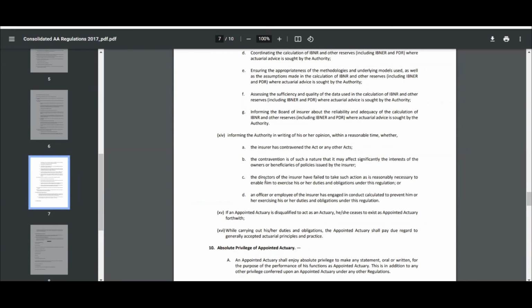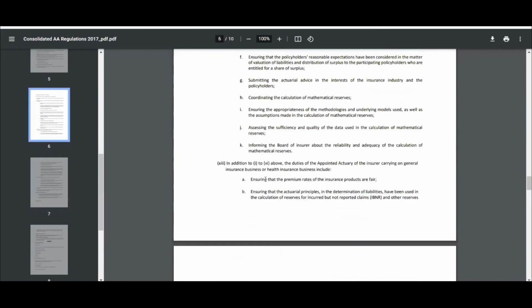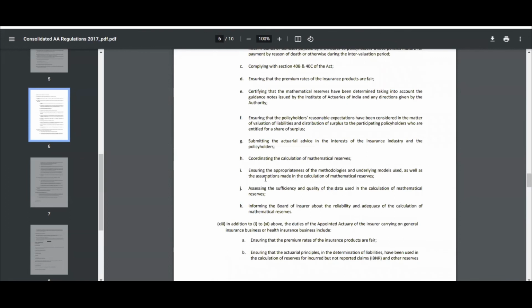And finally, the appointed actuary needs to follow the generally accepted actuarial principles while discharging his duties and obligations. So these are the duties of the appointed actuary, and you'll see that a lot of it is related to certification of reserves, ensuring that the premium or the pricing policy does not depart too far from the claims and underwriting policies.